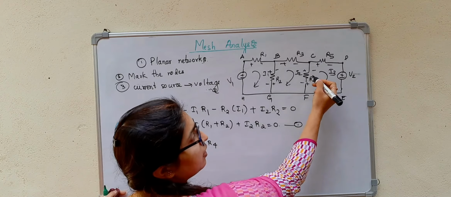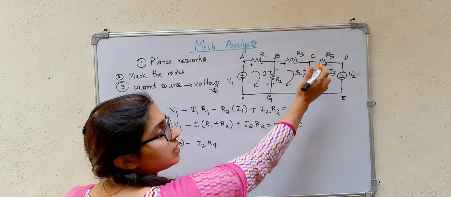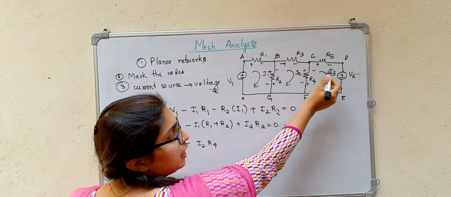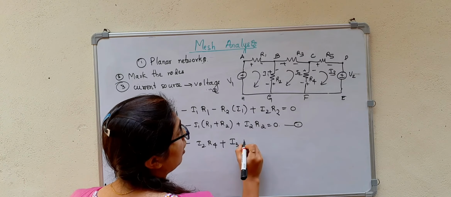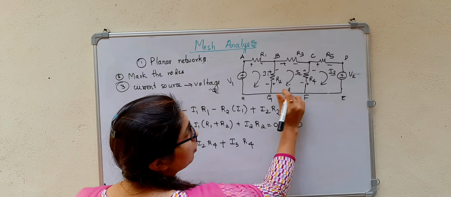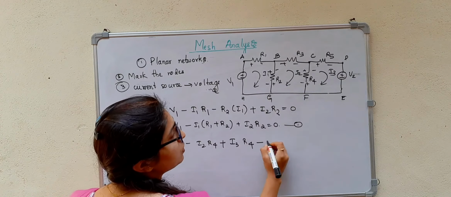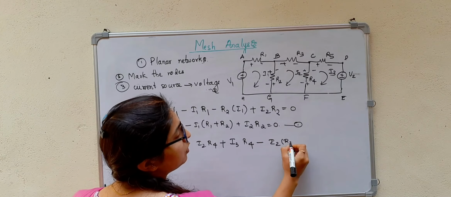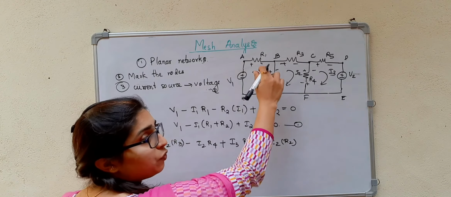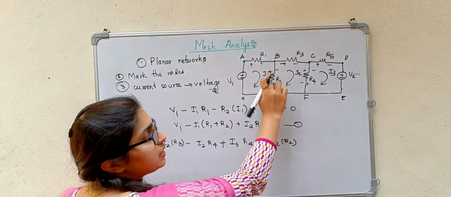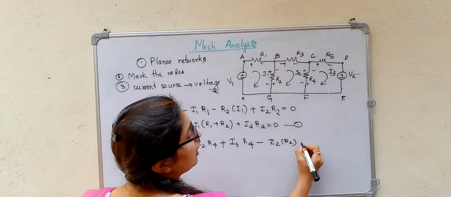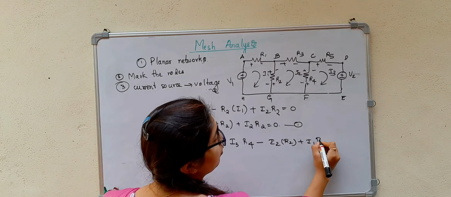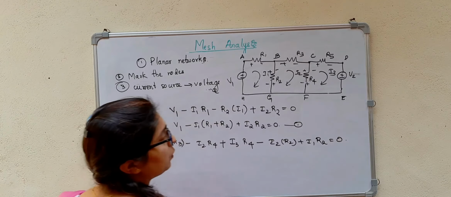But here the other current is flowing like this, so it should be plus, a potential rise, that is I3 R4. Next, plus first, so minus I2 R2. But on this side it is flowing in the opposite direction, a potential rise through R2, so that will be plus I1 R2. That is equal to 0.